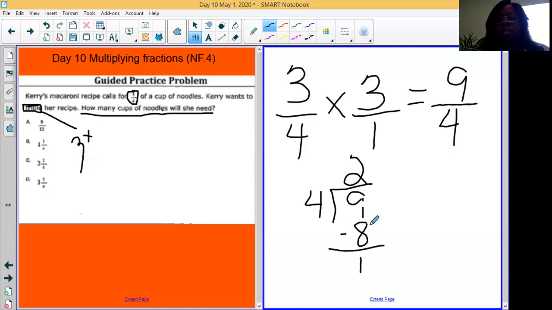The 1 that I have left, there's nothing else to bring down, becomes my numerator for my fraction. So here's the 1 left. It now becomes my numerator. The 4 that I have over here as my divisor now becomes my denominator.